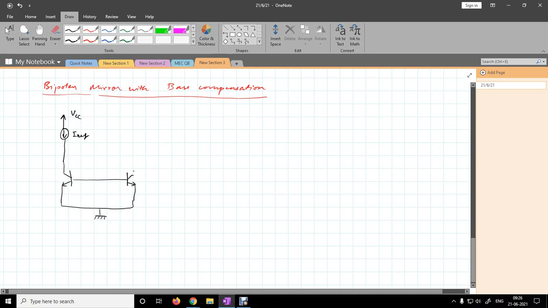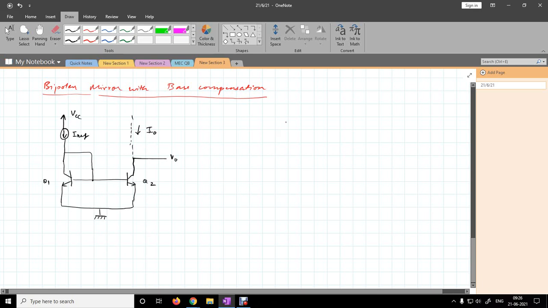Right. So this is where I get V naught, and this is I naught, and this is what we have drawn like this. Okay, base and collector are shorted. This is Q1, this is Q2. Right, this is your normal bipolar current mirror.